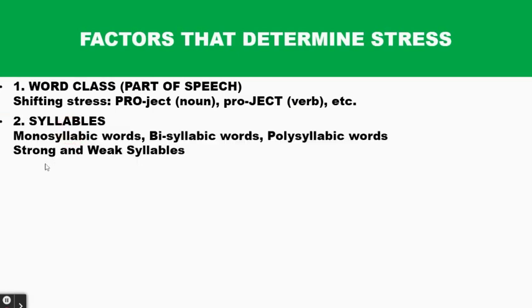Now, the second factor is syllables. We have to consider the syllables. Monosyllabic words, bisyllabic words, polysyllabic words, these are different types of words depending on the syllables. Then we have strong and weak syllables, so the rules that guide stress in monosyllabic words have to do with the type of words we are dealing with. English words can be classified into lexical words and function words.